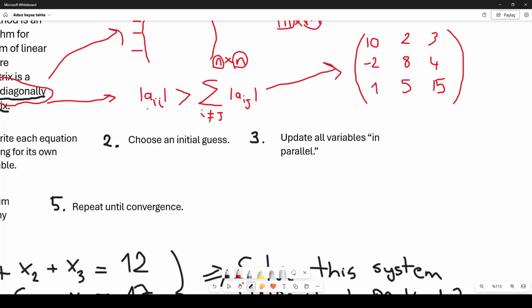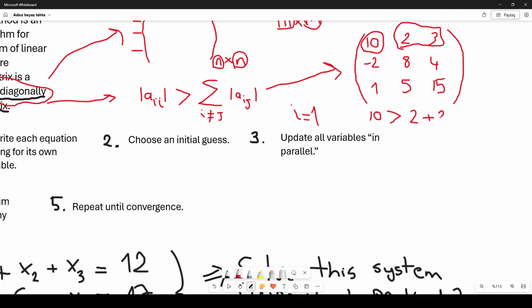This formula says that suppose we take the value i equal to 1. When i is equal to 1, over the summation i is a constant value. I look at the first row, so this value 10 should be strictly greater than the sum of the other values in the same row, which are 2 and 3. I check whether in the first row 10 is greater than 2 plus 3.